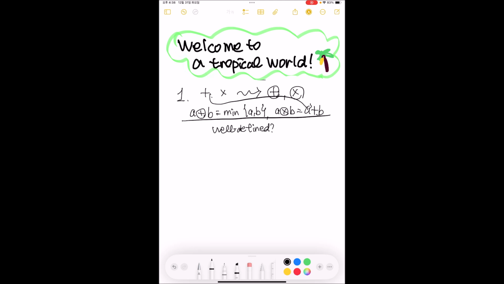In the first lecture, I deal with the well-definedness of this system and its additional properties, the abstract structure, the algebraic structure of this system, the so-called tropical number system.